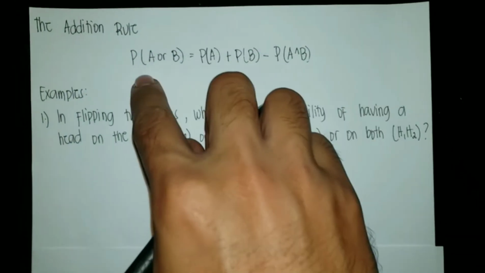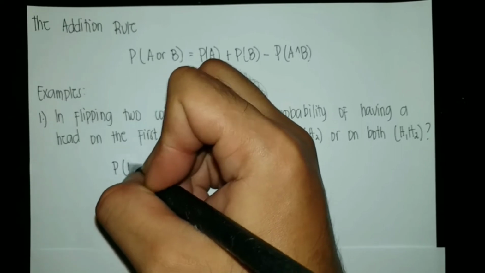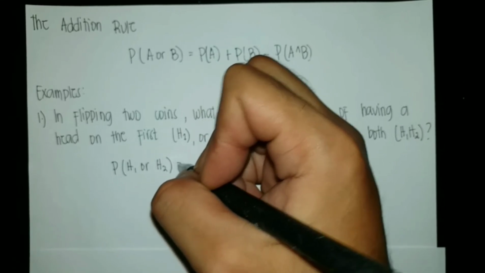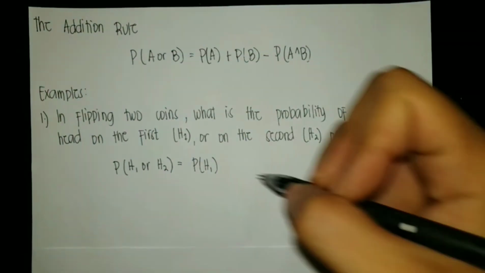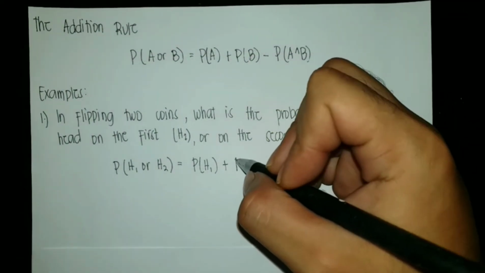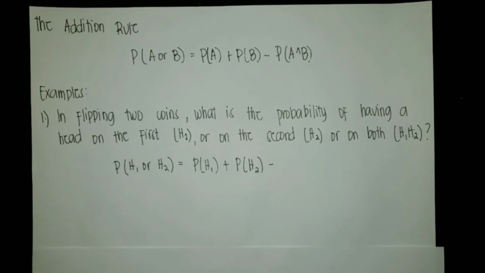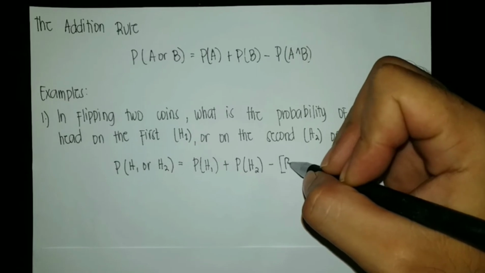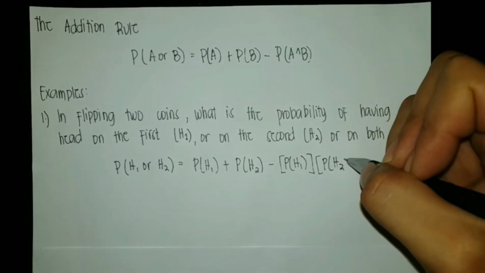That will be the probability of events A or B. In our example, that will be the probability of obtaining a head on the first or head on the second is equal to the probability of event A, which is the probability of obtaining a head on the first, plus the probability of event B, which is the probability of obtaining a head on the second, minus the probability of events A and B, which is the product of the probability of the first event times the probability of the second event.